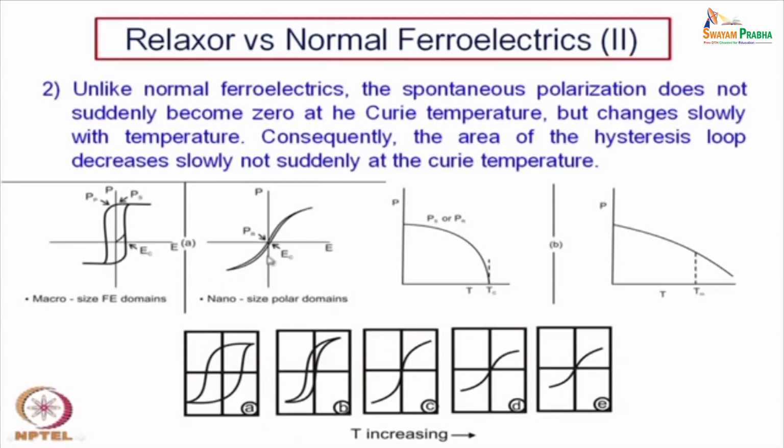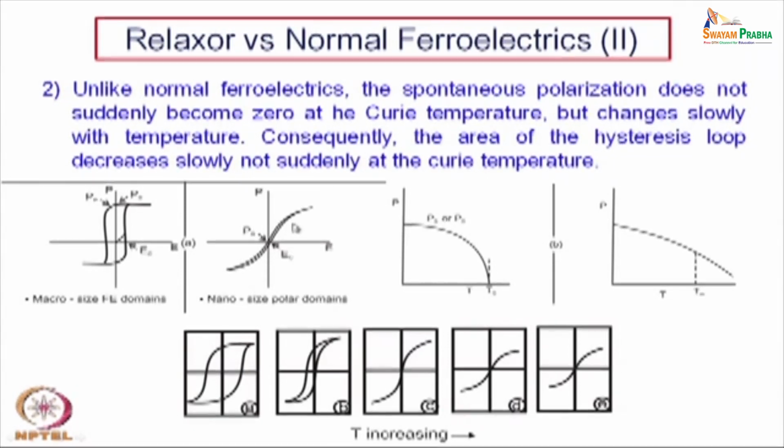Not only is the width of the hysteresis loop much smaller, so the coercive field is much smaller, the remnant polarization is also very small. So, it looks more or less like a nonlinear dielectric. Although there is a small hysteresis loop because of the spontaneous polarization, that does not give a very broad hysteresis loop.